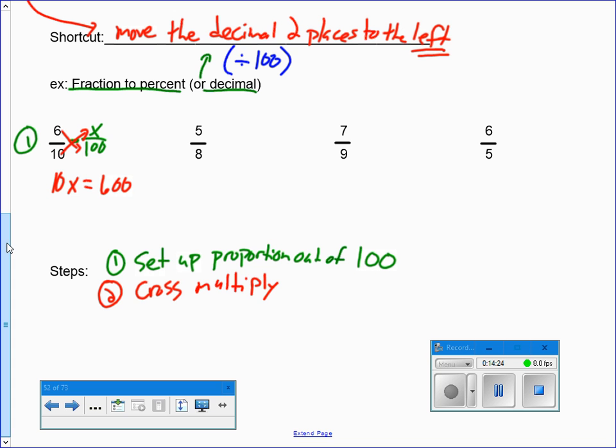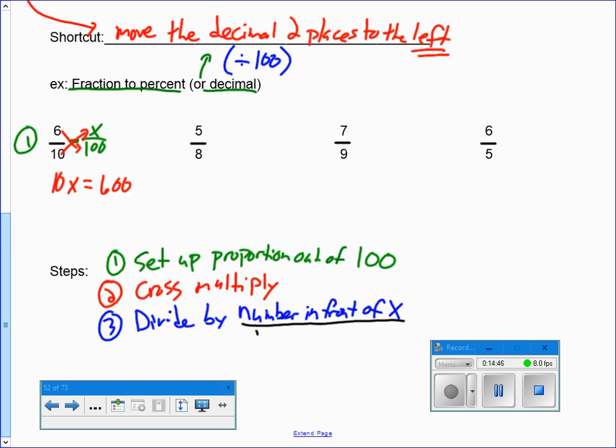Right, the last thing we're going to do is divide by a number in front of x if there is one. Alright, and this number in front of x, the vocabulary term we have for that is called a coefficient.